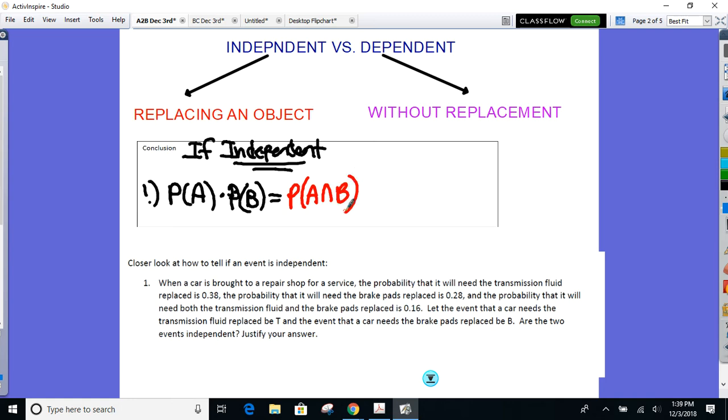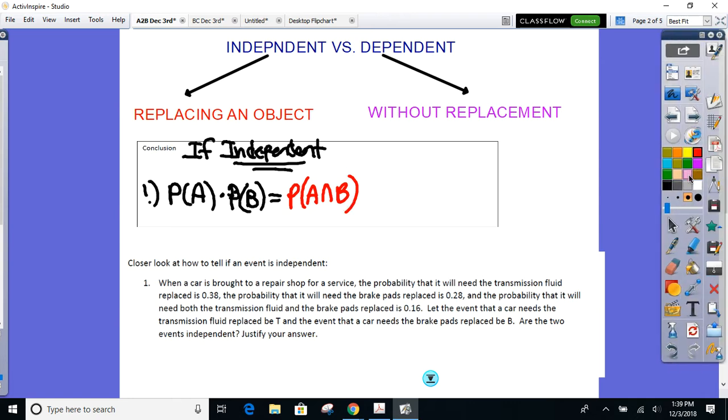That should be true only if they're independent. The left and the right side should be the same. And there's a second way we're going to test today too. By the time you leave, you figure out which test you like better. But for right now, we're going to do both ways, every problem.